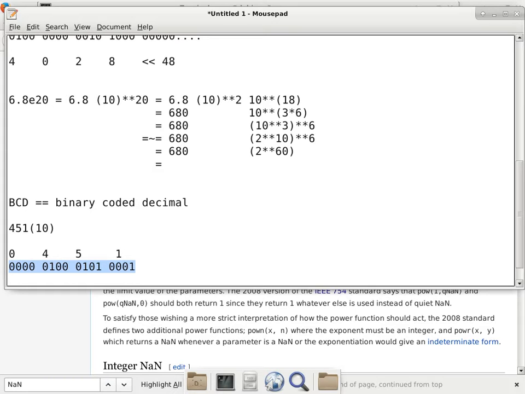It's kind of like the way hexadecimal works, except there's no A, B, C, D, E, F represented. That's binary coded decimal. And banks used to have mainframe computers that can only deal with BCDs. That's how they do addition, subtraction, multiplication and division, because they need to represent the exact value of money in the bank.